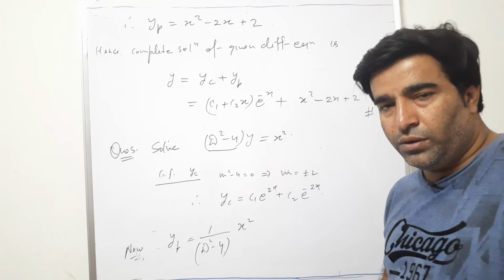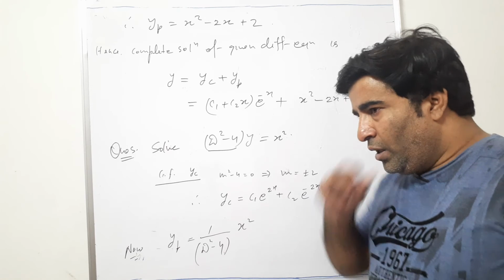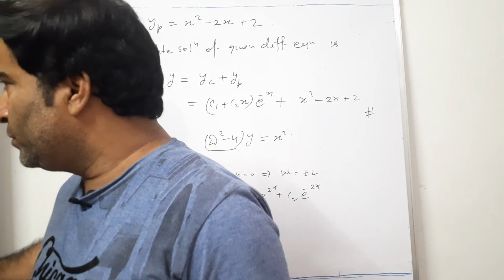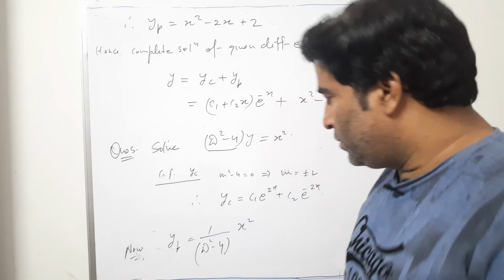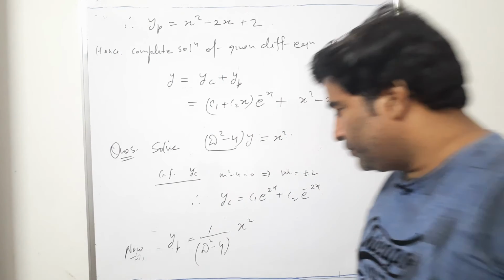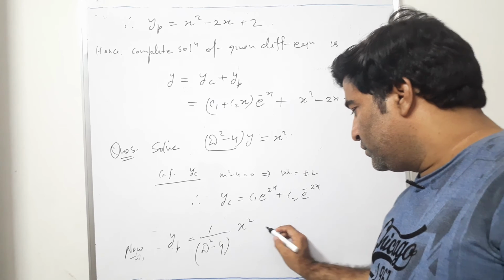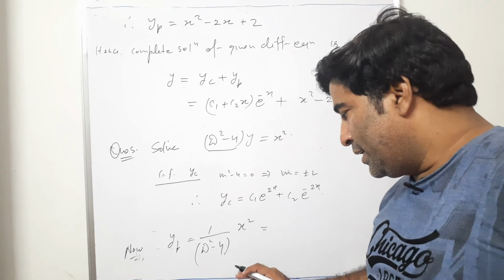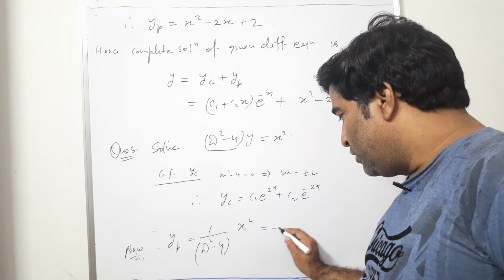So first of all we write the denominator like 1 plus something, so we can take here −4 common.